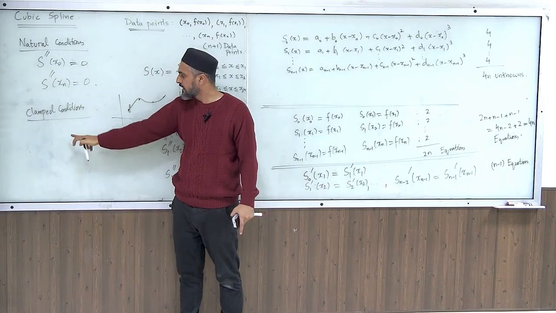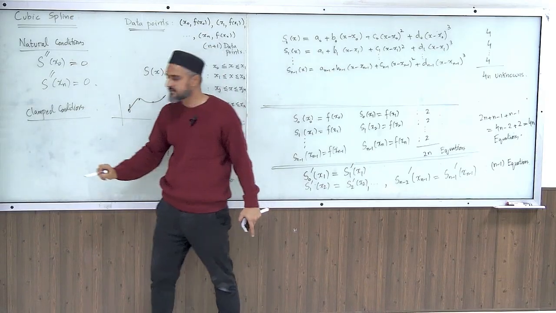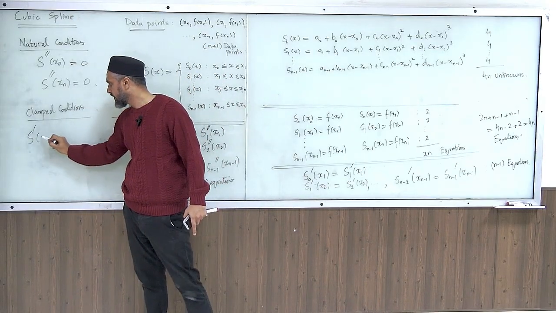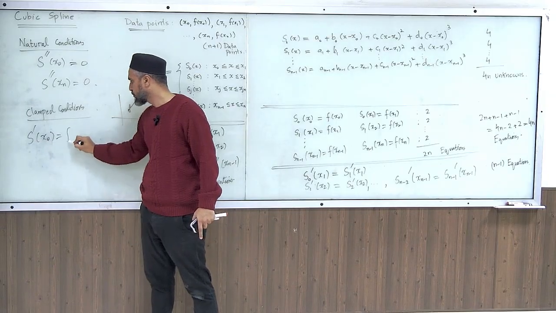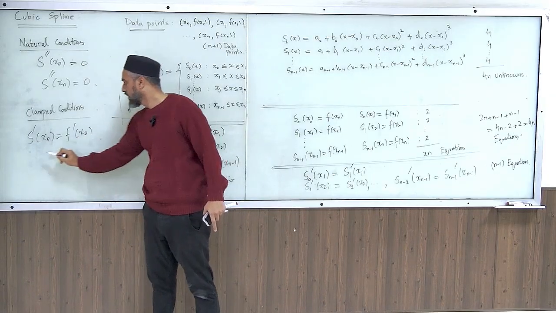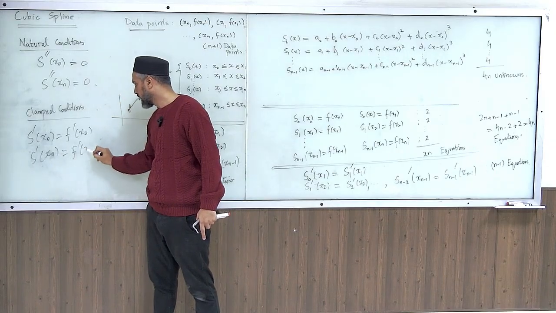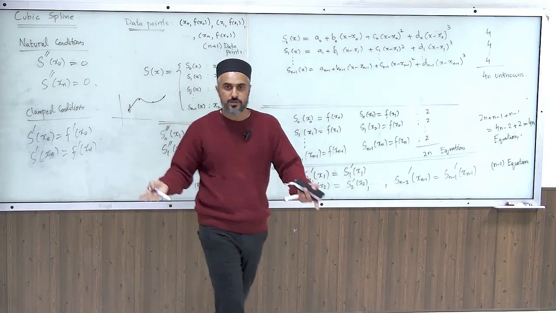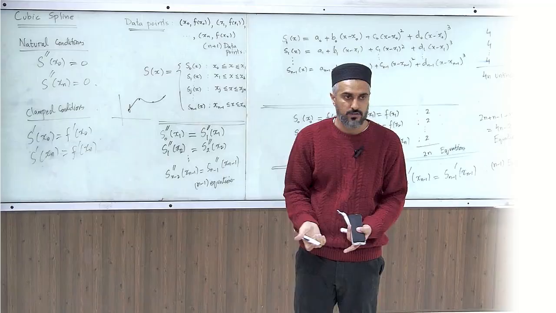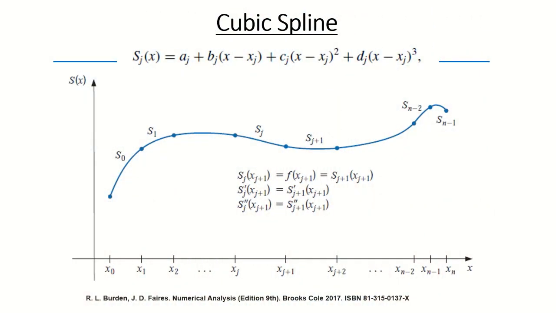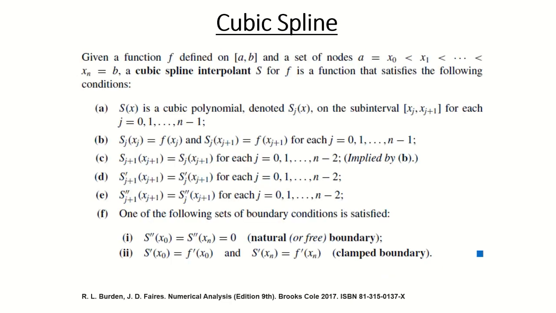And then there are the clamped conditions. They say the derivative at x naught should be known, and the derivative at xn should be known. So this is some extra information that we want from the user. They demand further information from the data that we usually don't have.